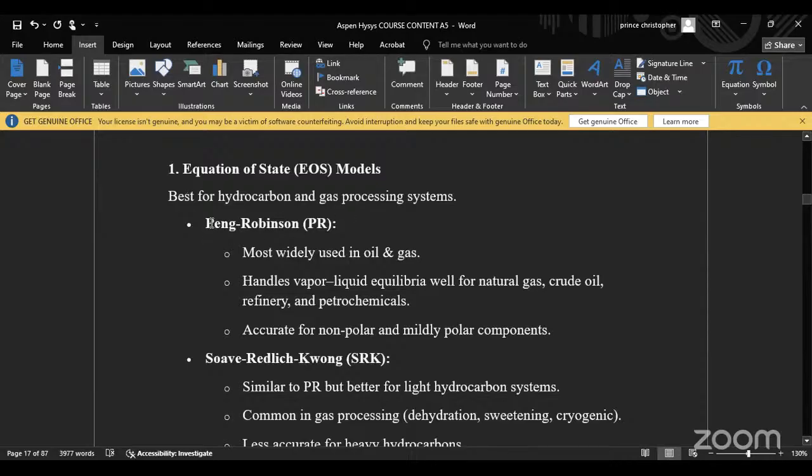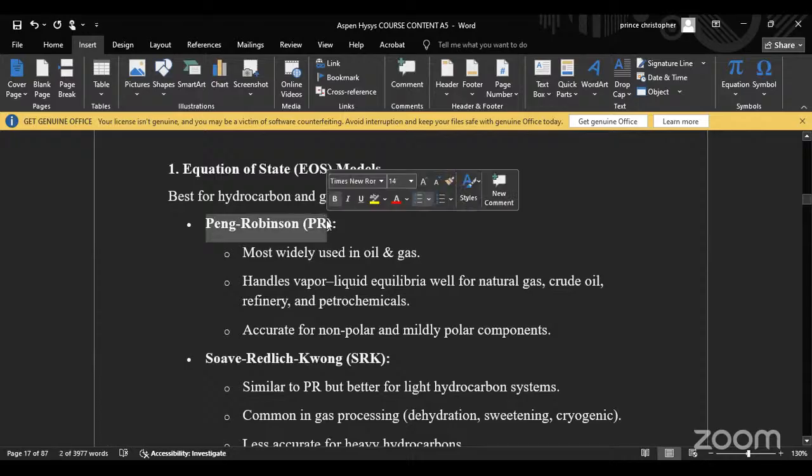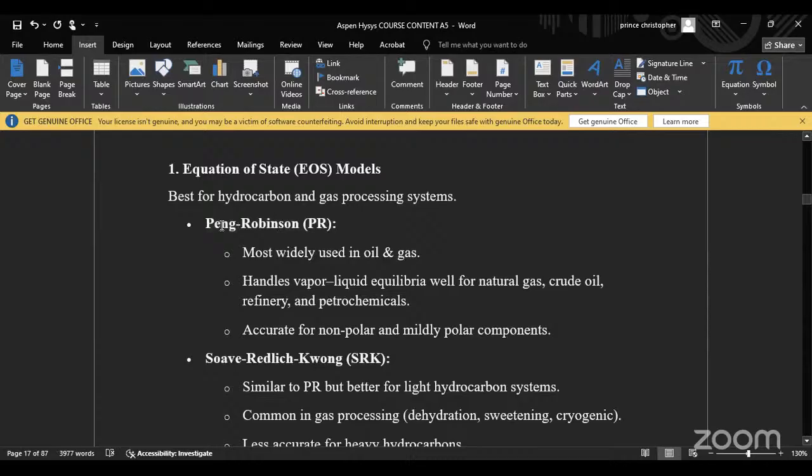Under equation of state, we have Peng Robinson. If you are working in oil and gas, Peng Robinson is one of the most widely used models because it's best for hydrocarbon. It handles vapor-liquid equilibria well for natural gas, crude oil, refinery, and petrochemicals.